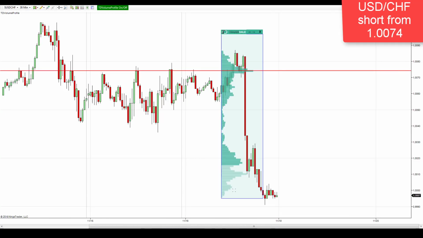Another strong resistance is on the US dollar Swiss franc. This is a 30-minute chart of the US dollar Swiss franc, and the strong resistance is right there. And you can see that there were pretty heavy volumes accumulated in this area, and afterwards strong sell-off started.